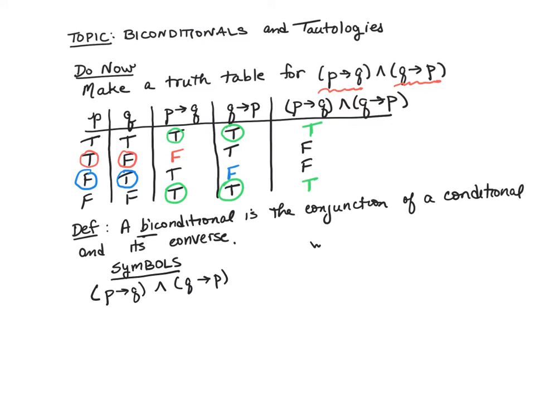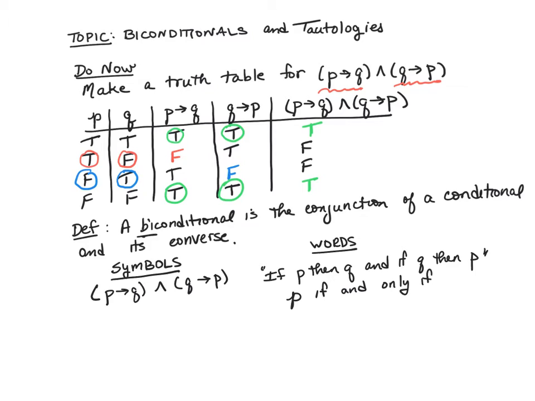So let's write the words here. If P then Q, and if Q then P. And that's a little bit wordy. So there's another way to write this. And we say P if and only if Q. So it doesn't seem like they're synonymous, but they are.